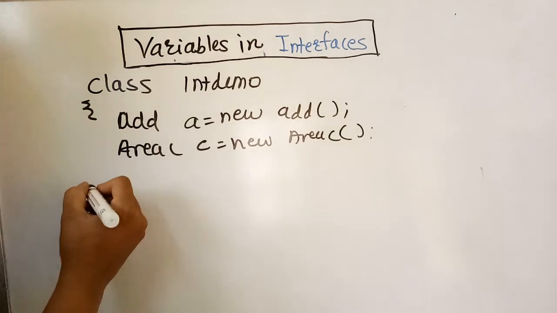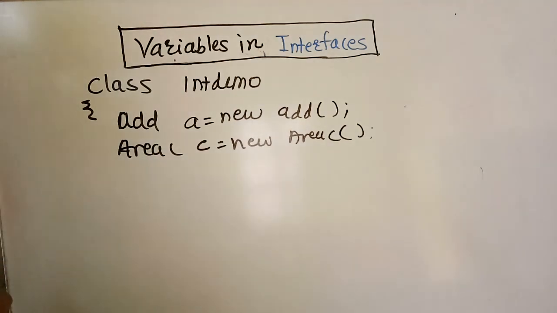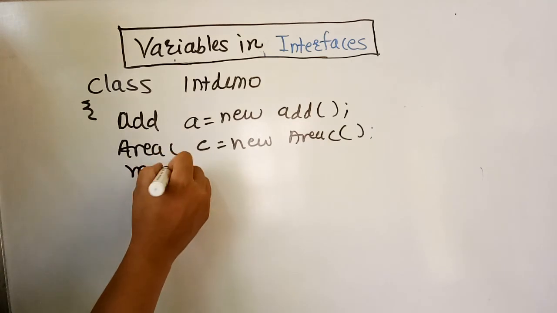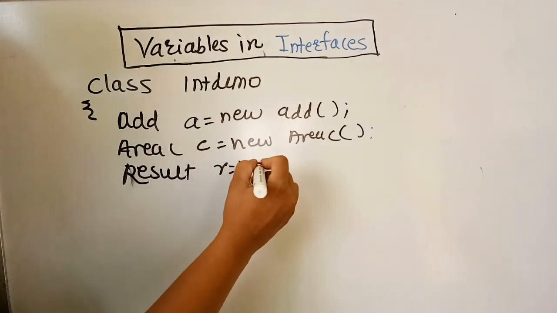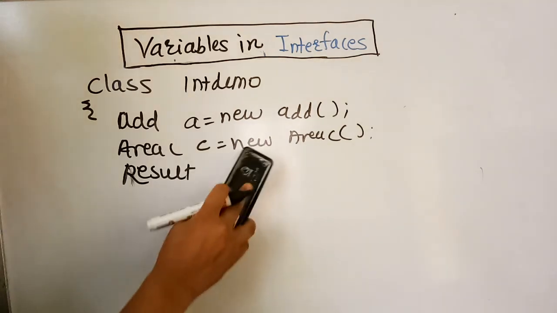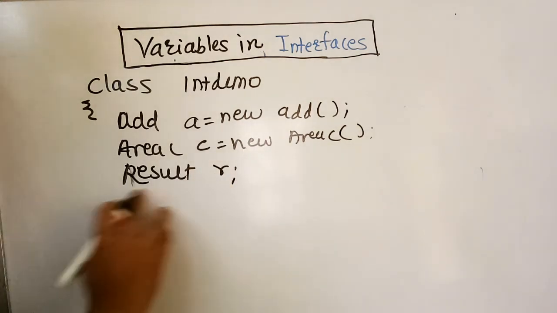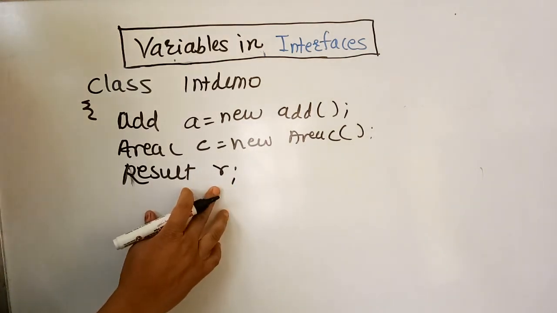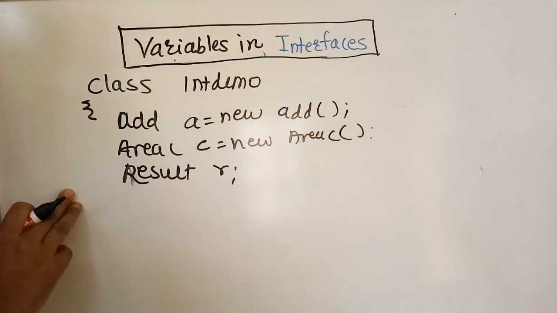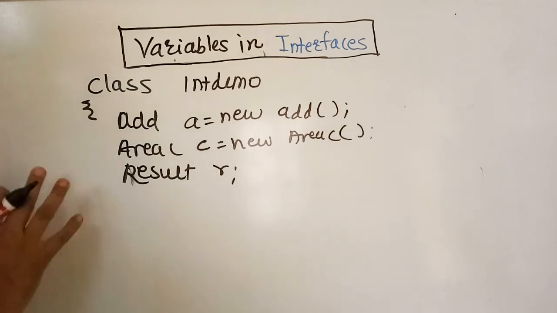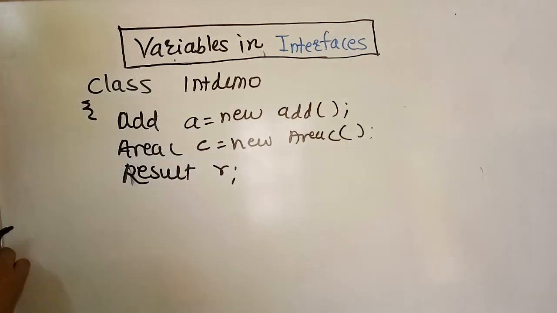Now I have created one interface, that is the result. So I will write result type r. Simply I will create only the result type object of that interface. In actual programming terms, what is the mechanism of implementing these interfaces?